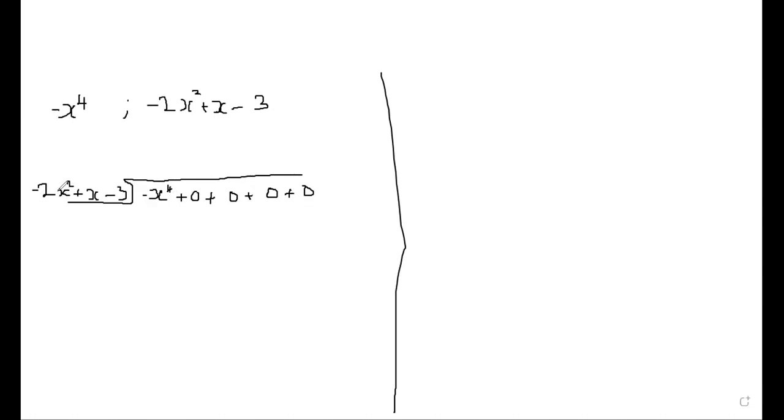So we would divide throughout. So we divide this into that. Negative 2x squared into negative x to the power 4. So this into this, how many times does this go into this?